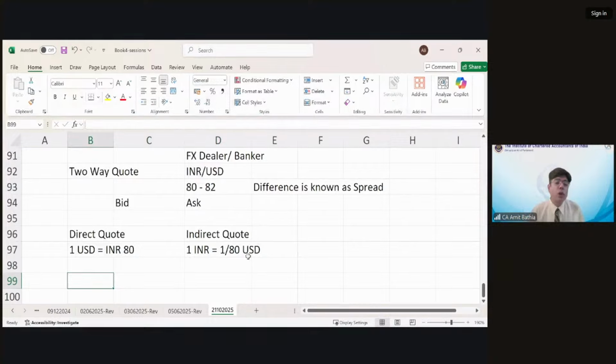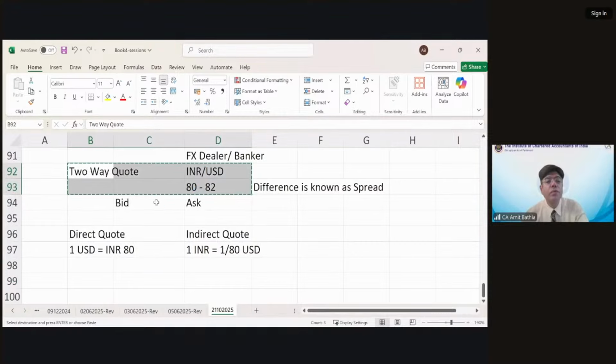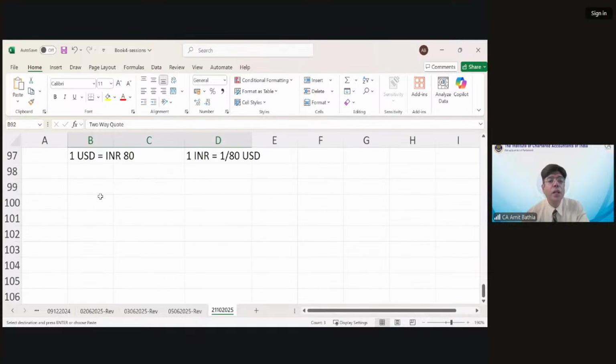So this is a simple quote which is given to me, which I have expressed as direct and indirect. Now in the two-way quotes also, you have something known as converting two-way quotes into indirect quote. So you may have a direct quote given to you, and we have to convert that into an indirect quote. So how would you do that? Say, for example, I am taking the same example over here. Let's convert.